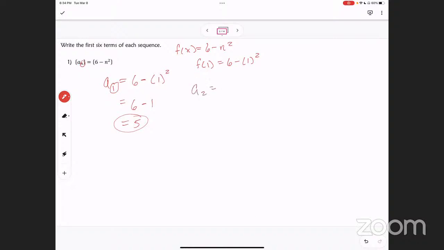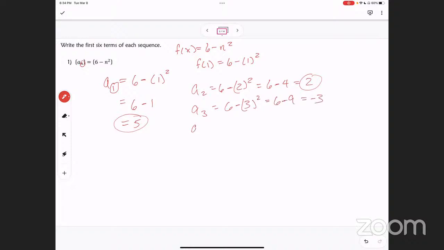Your second term is going to be 6 minus 2 squared, which is 6 minus 4, which is 2. Your third term is going to be 6 minus 3 squared, which is 6 minus 9, which is negative 3.